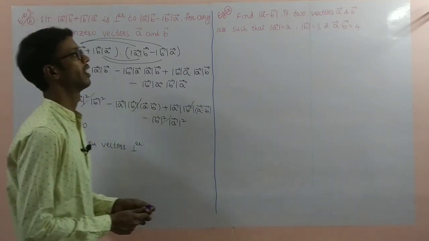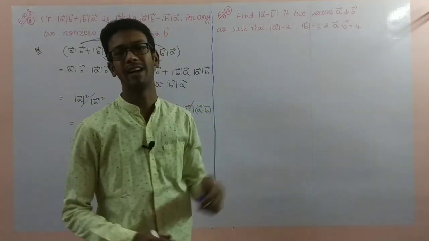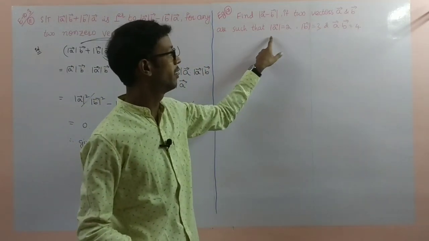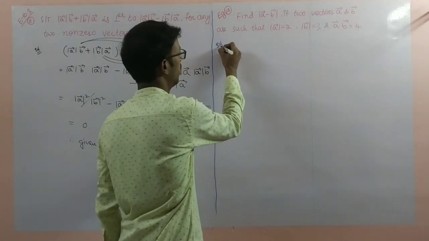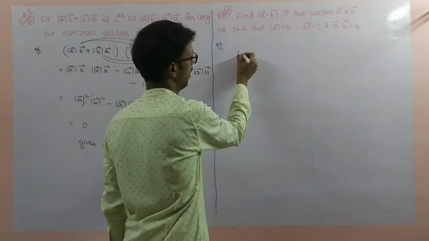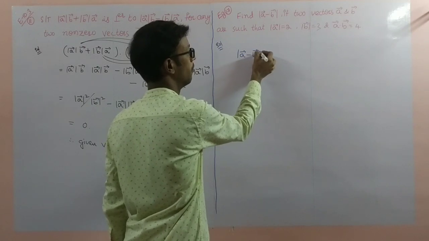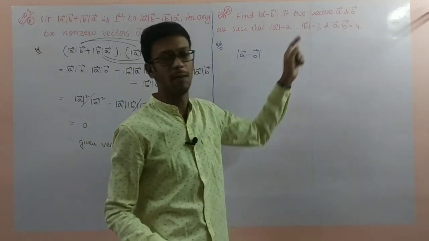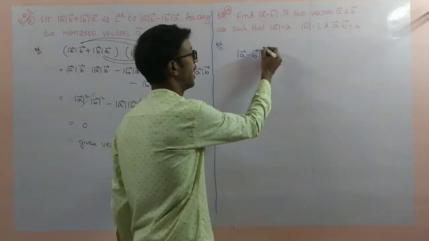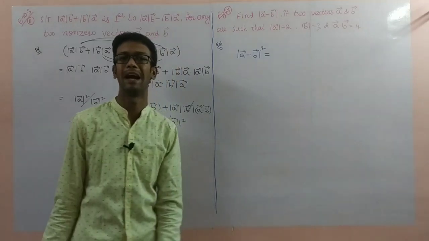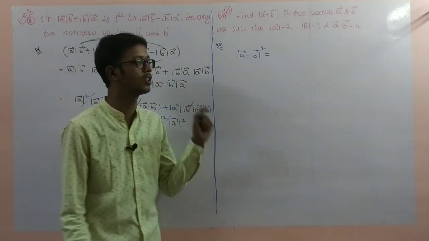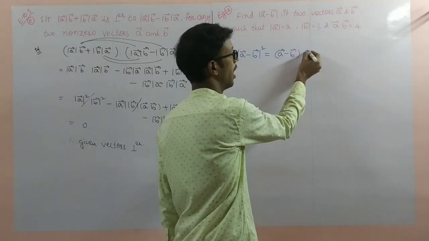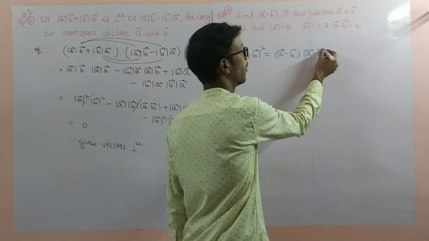Next, example 17. Find the magnitude of a bar minus b bar, if two vectors a bar and b bar are such that the given conditions hold. First of all, take magnitude of a bar, magnitude of b bar. There is no formula for simplification; this one we can't separate. For that purpose, magnitude of a bar minus b bar whole square, this one we can write as a bar minus b bar dot a bar minus b bar.